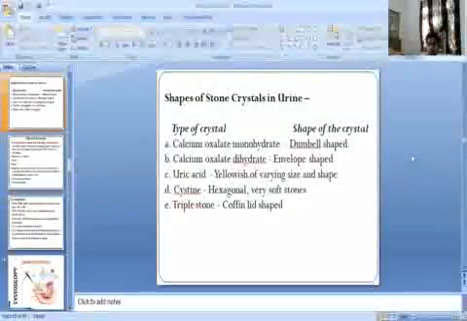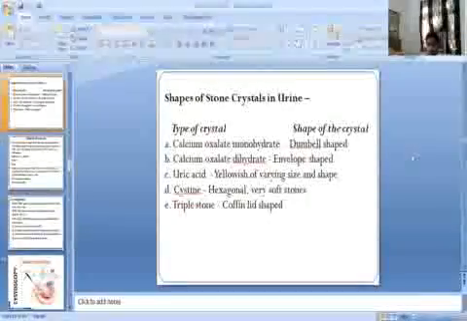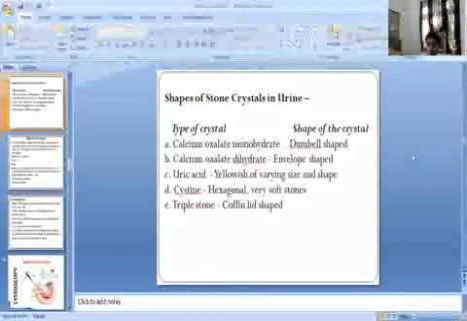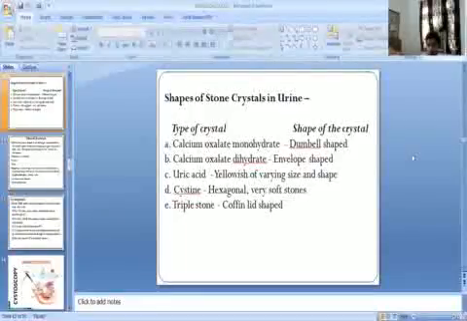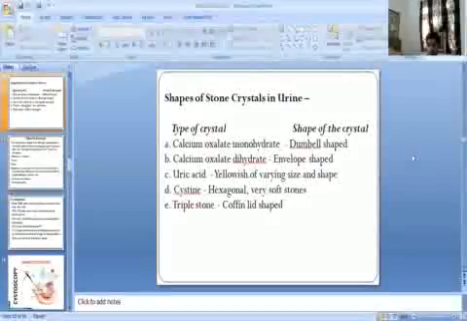Shape of crystals in urine. First, types correlated with the shape of crystal. Calcium oxalate monohydrate crystal shape is dumbbell shape. Calcium oxalate dihydrate shape is envelope shape.